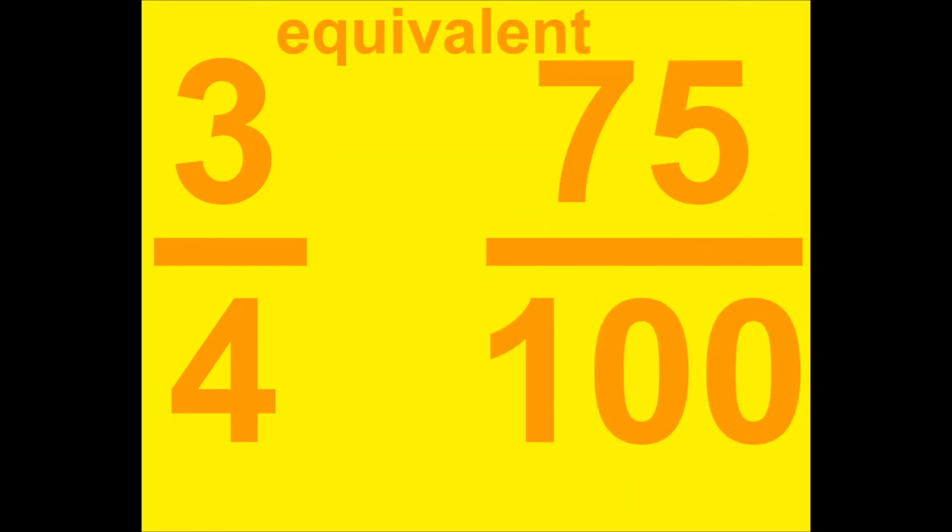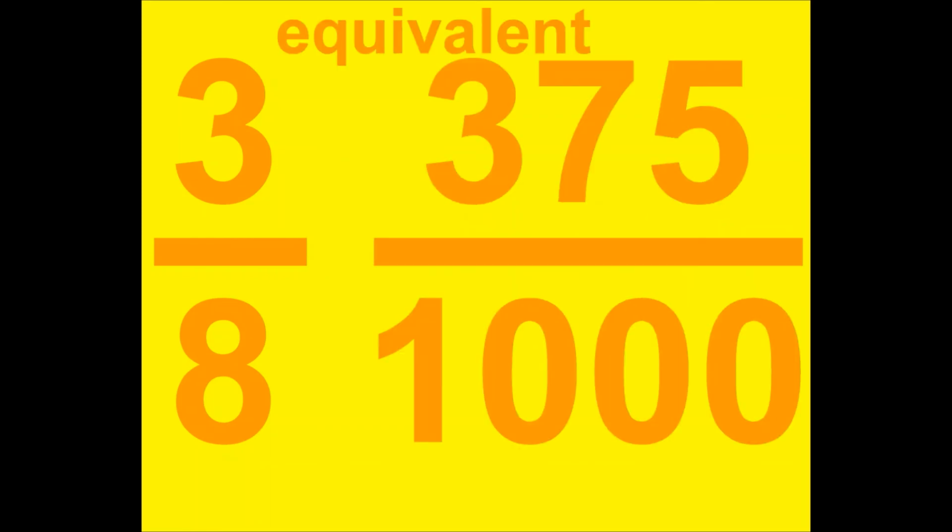Because 75 hundredths and 3/4 are equivalent fractions. 3/8. 0.375. Because 375 thousandths and 3/8 are equivalent fractions.